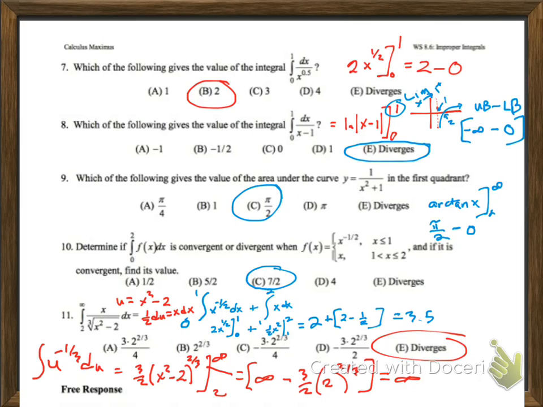If you put infinity in here for the upper bound, you get infinity because it's just a regular, kind of like a cubic function with some extra oomph. As you put in larger and larger values, the function gets larger and larger, it'll go to infinity. If you put in 2, you get out 3/2 times 2 to the 2/3, which is just dumb because infinity minus something is still infinity.